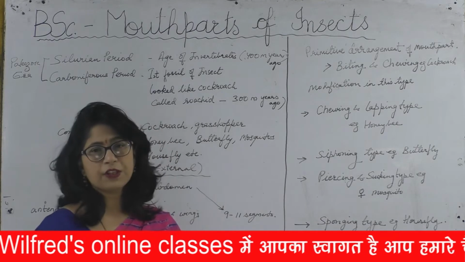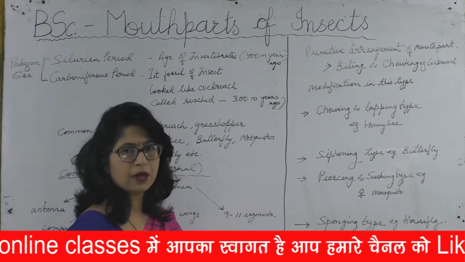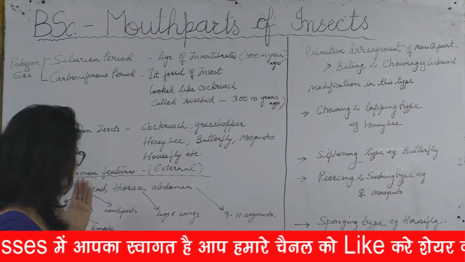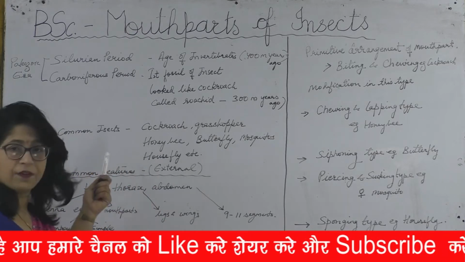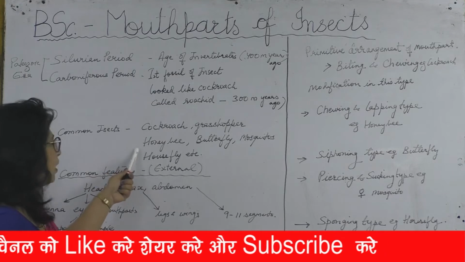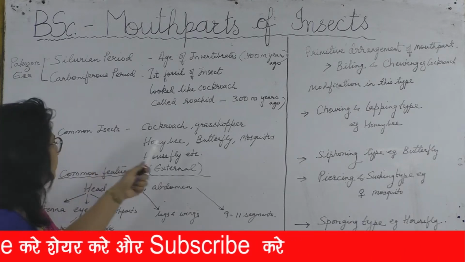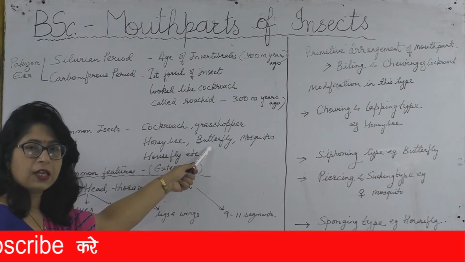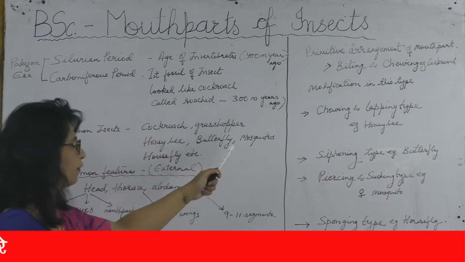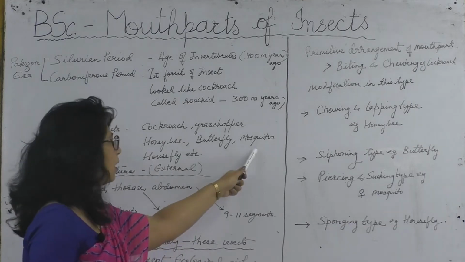Because of the different feeding habits of these insects, like the insects that we have discussed around us: the honeybee feeds on nectar. The butterfly also hovers around the flowers, feeding on nectar.